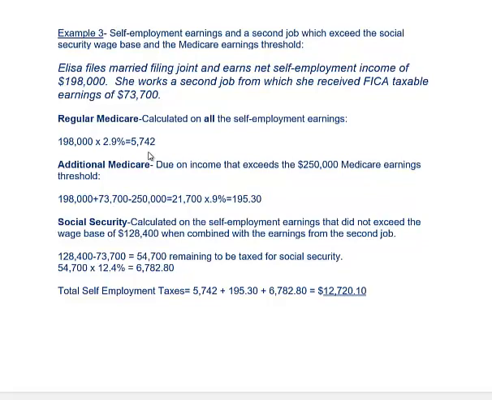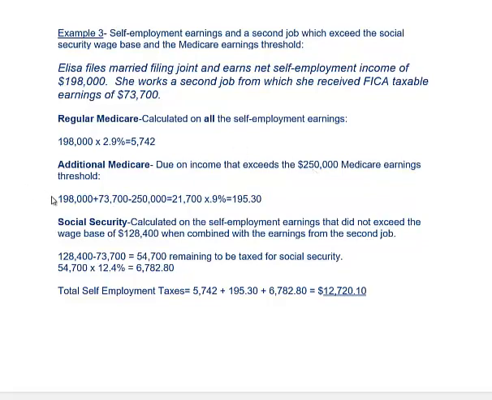Now we have to calculate the additional Medicare. The Medicare earnings threshold for a married filing joint taxpayer is $250,000. Remember, additional Medicare is levied on earnings that exceed $250,000.